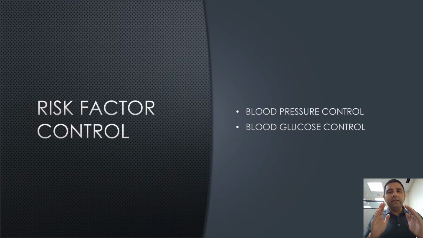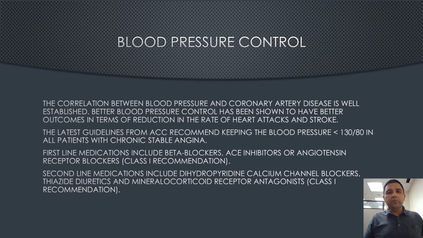So the component of chronic stable angina management that I've broken down into risk factor control actually has 2 further components. One of them is blood pressure control, and the second one is blood glucose control. Let's talk about blood pressure control right now.